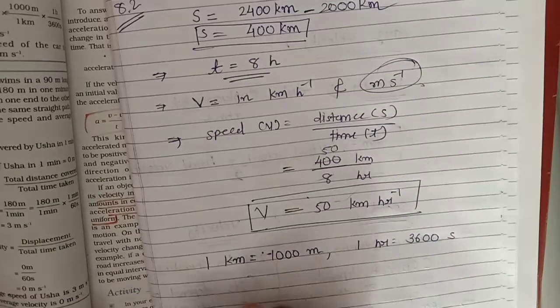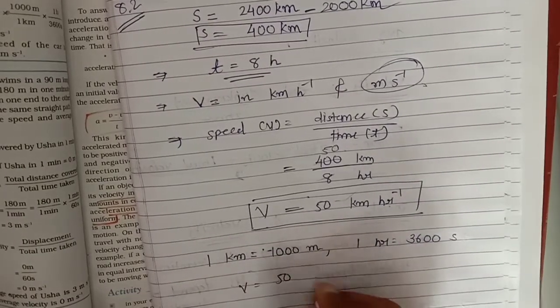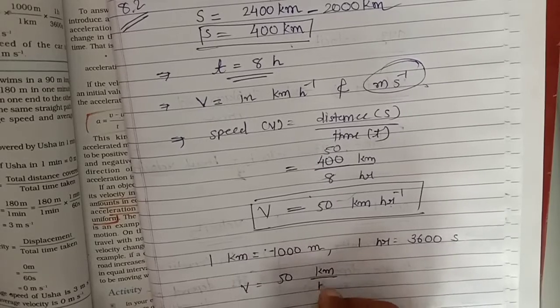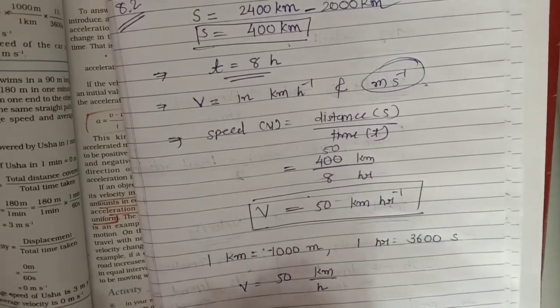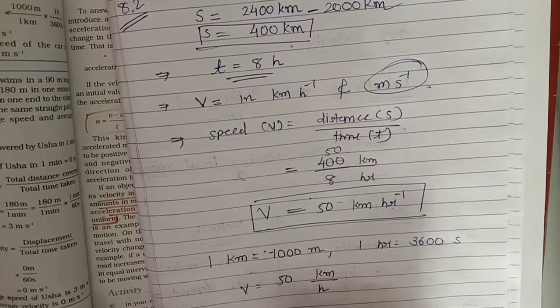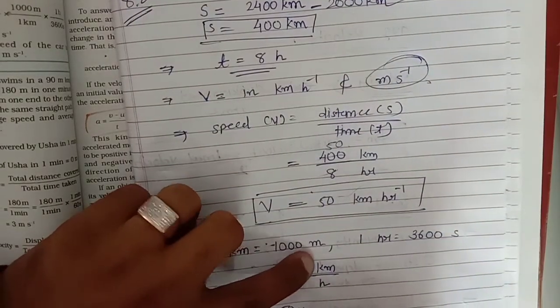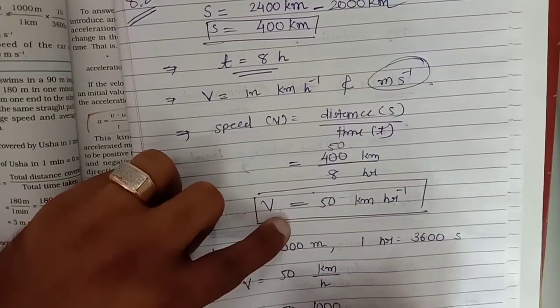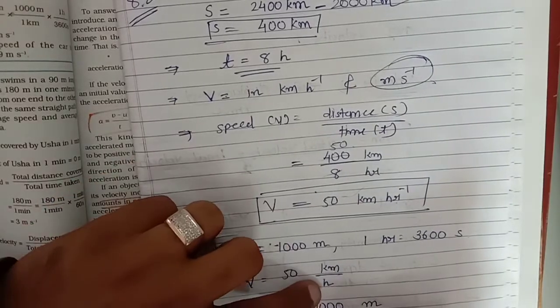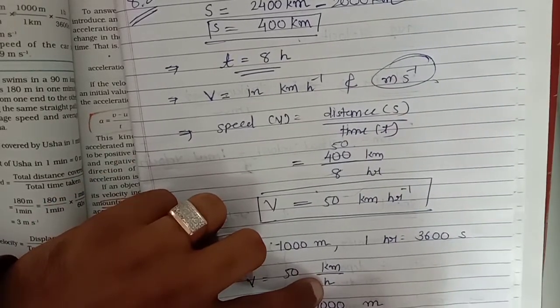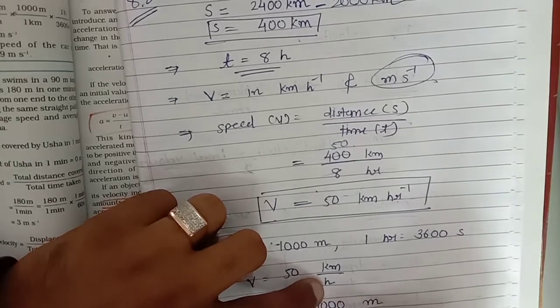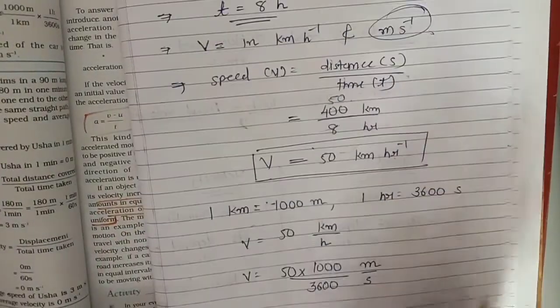So put this value. V is equal to 50 kilometer per hour. V equals 50 into, in the numerator kilometer is there, so 50 into 1000 meter, and in the denominator hour is there, so in the denominator write 3600 second, meter per second.